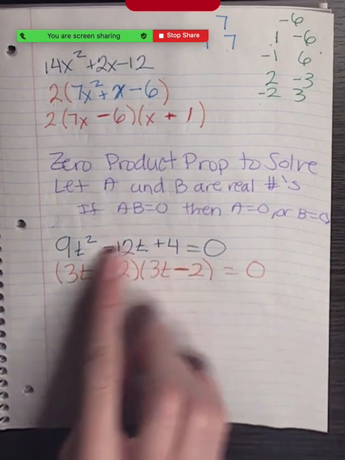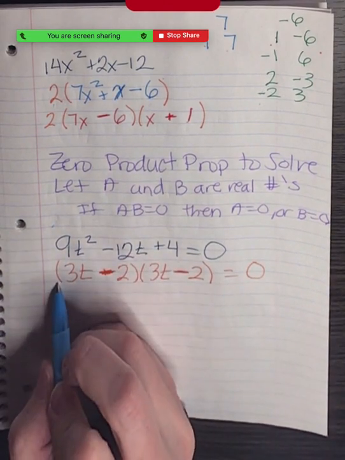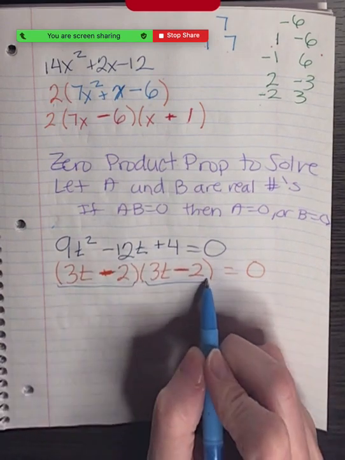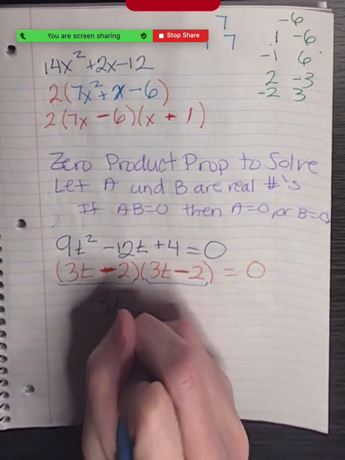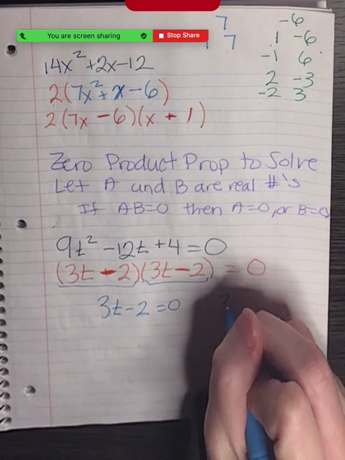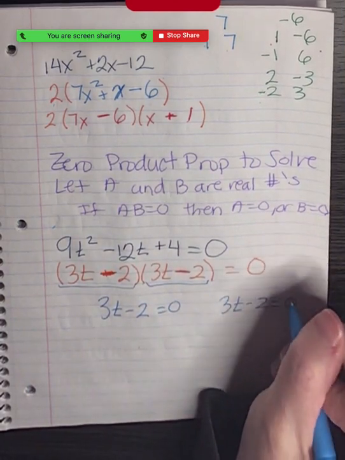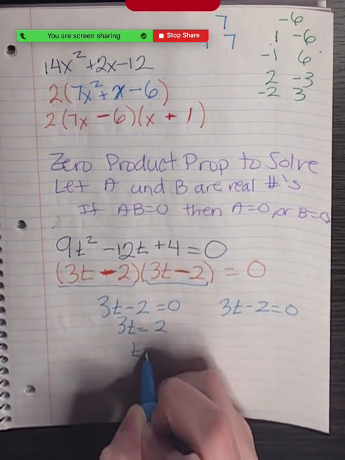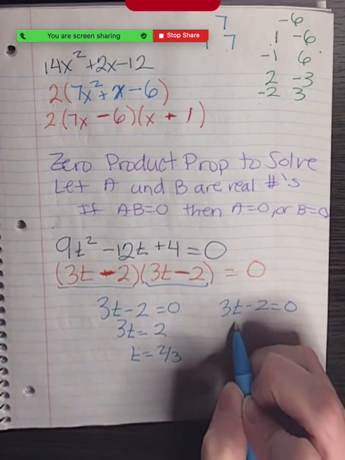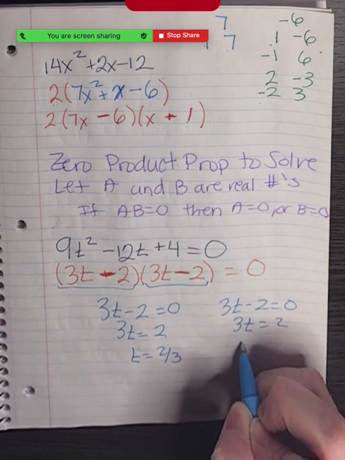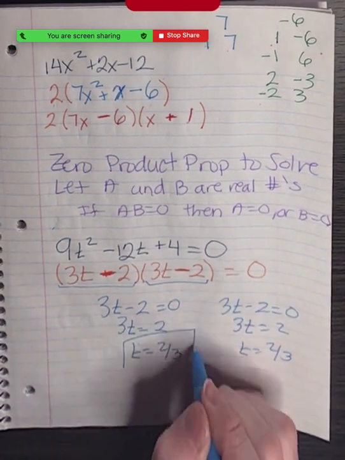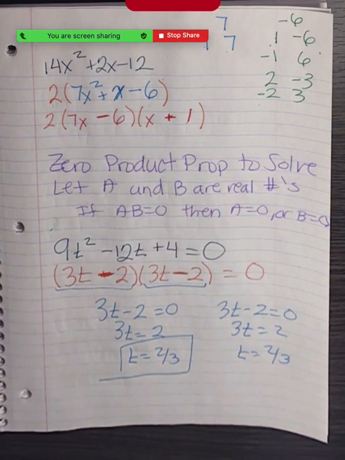Then it's factored, so we have two products, so one term times a second equals 0, tells us that one of those has to be 0. So I can factor and then set each binomial equal to 0 and solve. So this one I get the same thing both times, so I get t equals 2/3.